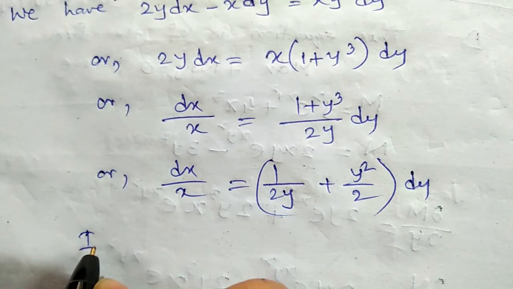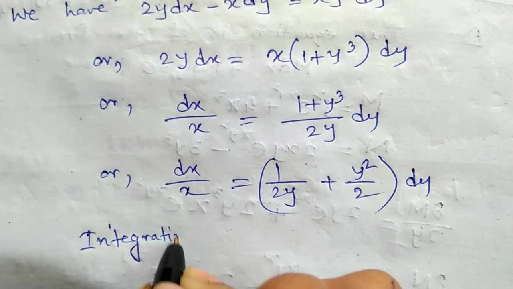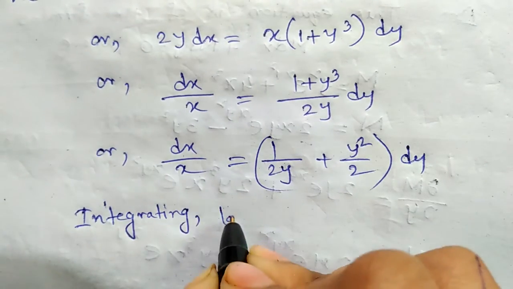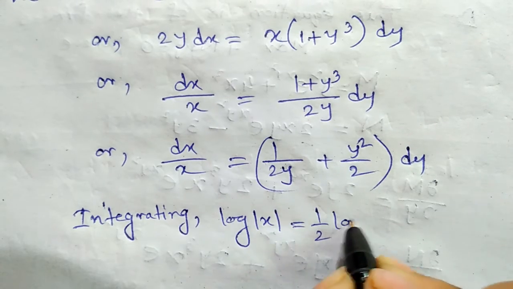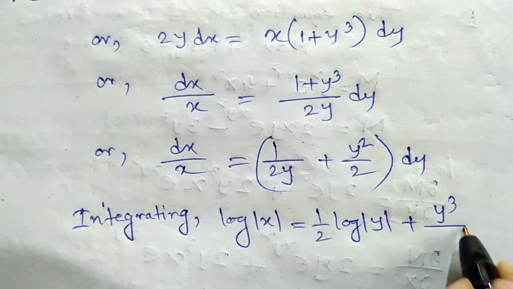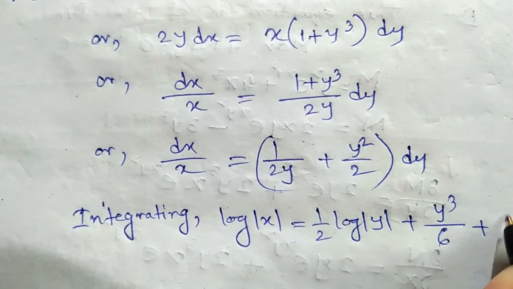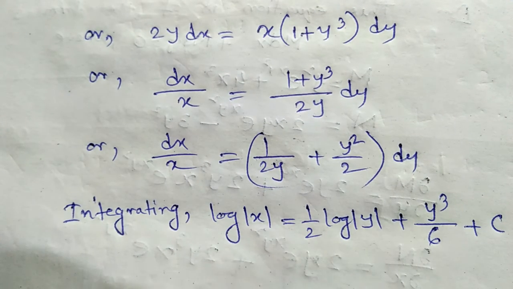Now integrating, we get log mod x equal to half log mod y plus y cube by 6 plus c, where c is an arbitrary constant. So this is our required general solution.